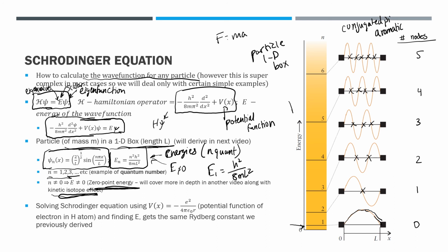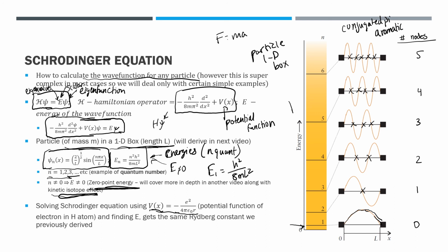Finally, if you remember in a previous video, we derived the Rydberg constant using quantization of angular momentum, centripetal force, and Coulomb's law. Schrödinger actually solved his equation when we take our potential function equals negative e squared over 4 pi epsilon naught r.